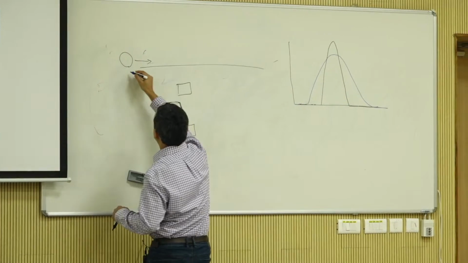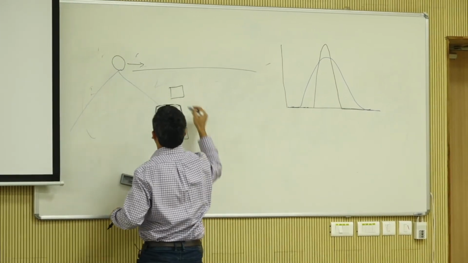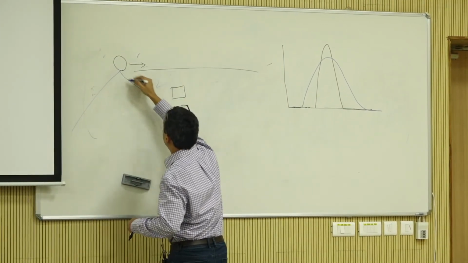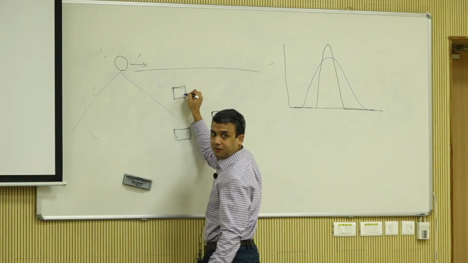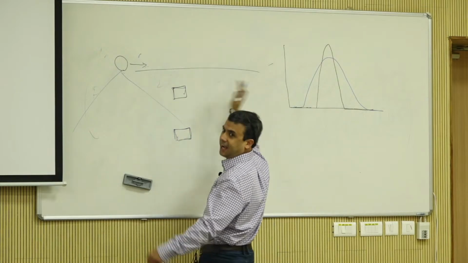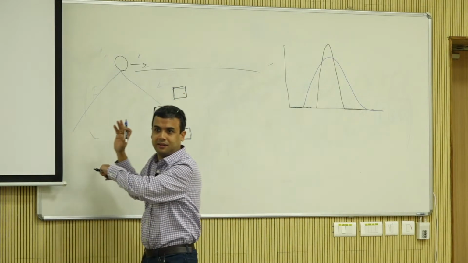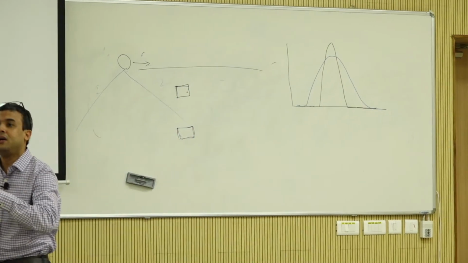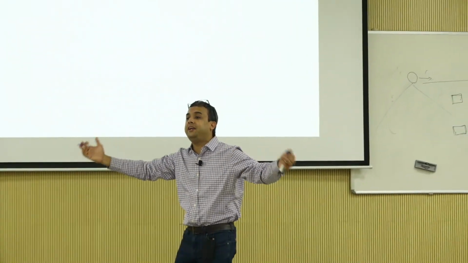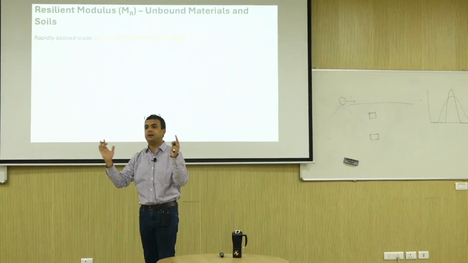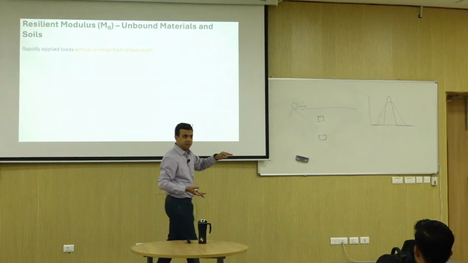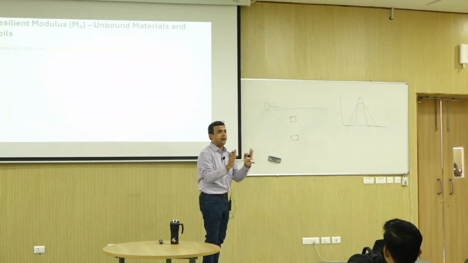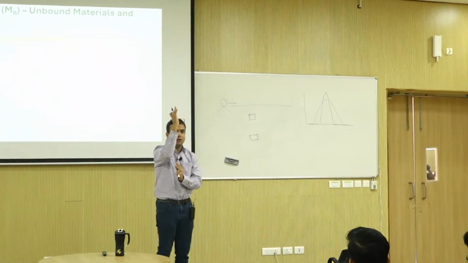Because the stress dissipation works like this. Even when the load is here, this element is feeling the stress, whereas this element is not feeling the stress. On the other side, it's exactly the same, symmetric. So that's the reason as you go down, the stress pulses become wider and shorter, with less magnitude. As you go to the top, narrower and taller.